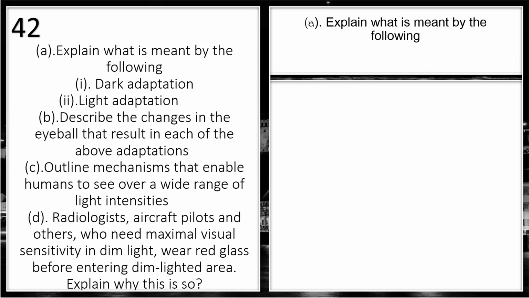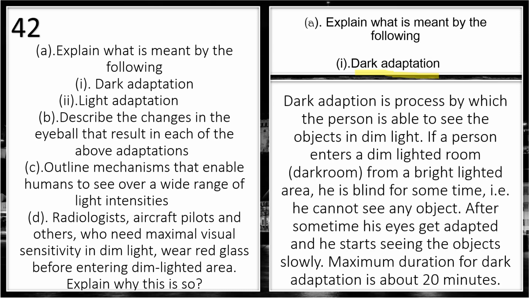Explain what is meant by the following: dark adaptation. Dark adaptation is the process by which a person is unable to see objects in dim light.